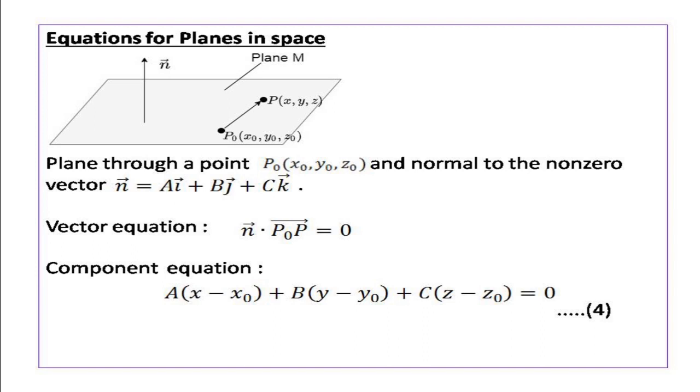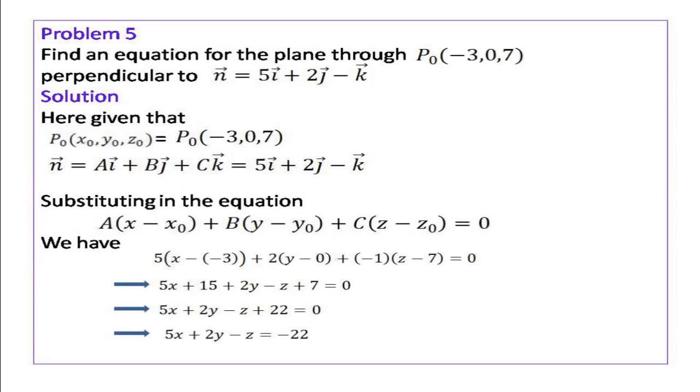Thus, the vector equation of the plane is vector n dot vector P naught P equal to 0, and component equation is a into x minus x naught plus b into y minus y naught plus c into z minus z naught equal to 0.